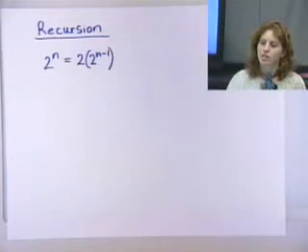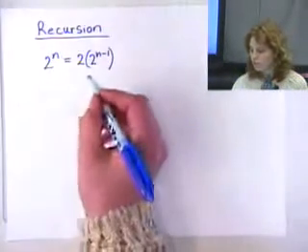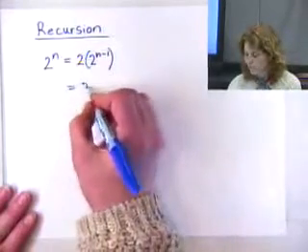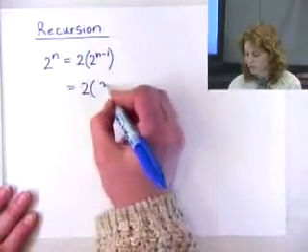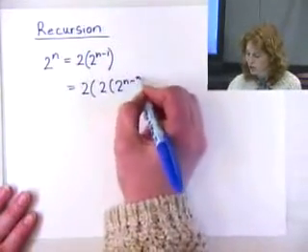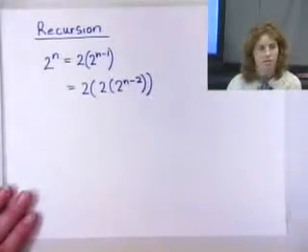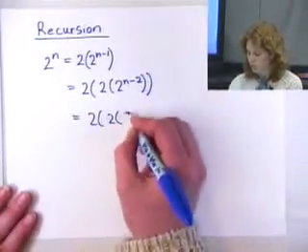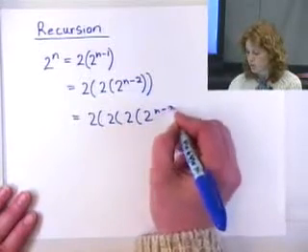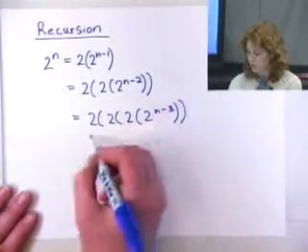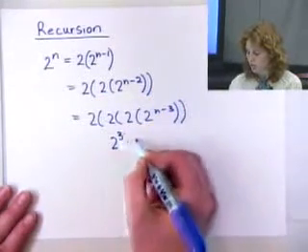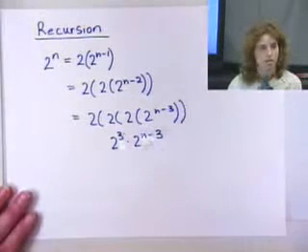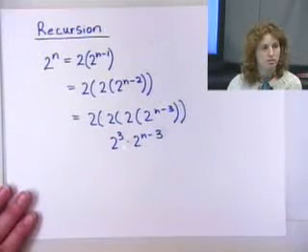Okay. Now, I told you that recursion's like induction. This would be really nice because I could sort of unroll this. This is also 2 times 2 times 2 to the n minus 2, right? Which is equal to 2 times 2 times 2 times 2 to the n minus 3. Which, if you rewrite this, this is 2 cubed times 2 to the n minus 3. Right?